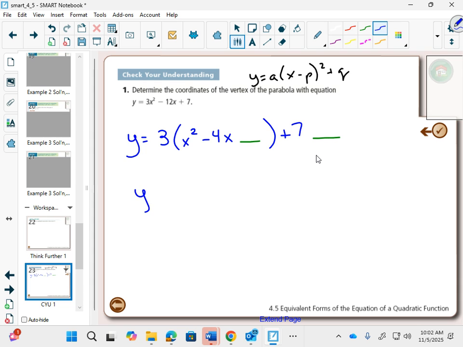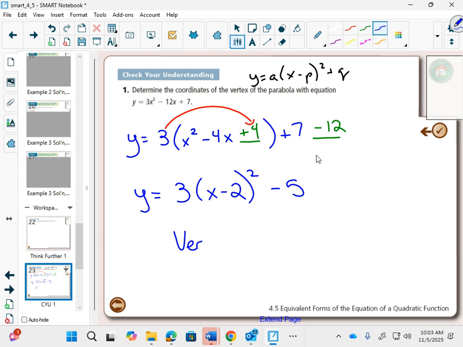The -4 is the hint that it would have to be x minus 2 squared. What would be in your first green space then as a result? There would have to be a +4 here. What would we have to do to compensate? -12, giving us a -5 here.